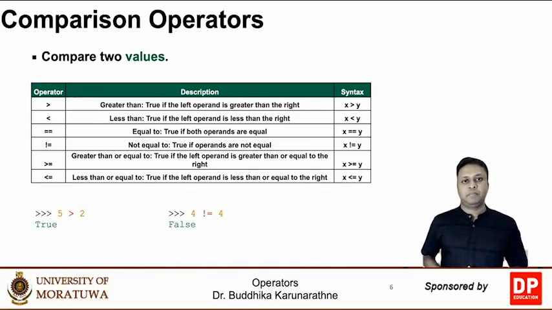We have greater than, less than, equal to, not equal to, greater than or equal to, and less than or equal to as comparison operators. As we can see here in the example, the result is a Boolean value. 5 greater than 2 returns true, while 4 is not equal to 4 returns false. It always returns a Boolean value, either true or false.